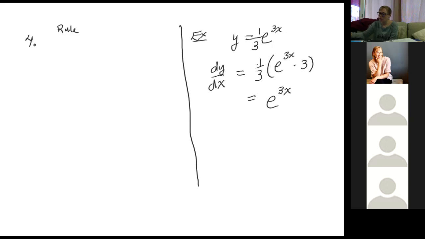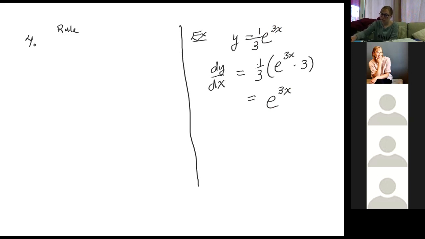So if I start with the function e to the 3x, and I want to work backwards and find the function it came from, its antiderivative, it looks like this part is the same, but then I have to multiply by a constant, 1 over whatever constant is multiplying x.